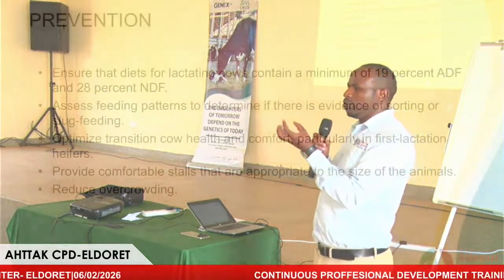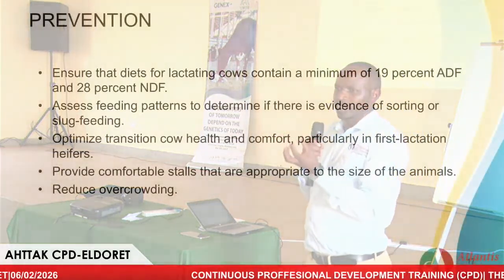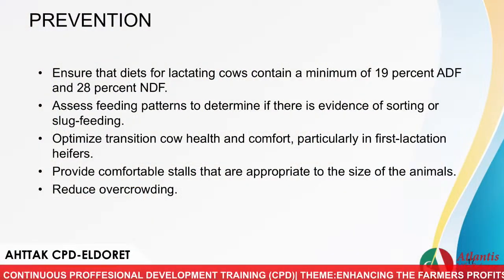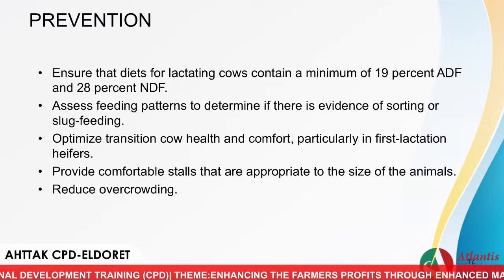Remember we are talking about lactic acid in the stomach. That means when we are talking of prevention, we want to counter the production of this acid so that we have maybe a neutral pH in the stomach, so that we don't kill these bacteria and produce the toxins.